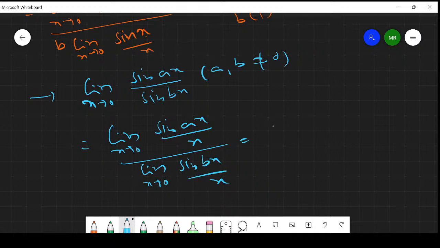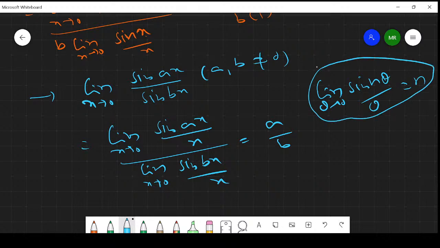I told you this will be a, and this will be b. Why? Because limit theta tends to 0 of sin n theta by theta is equal to n, as I told in the beginning. So I can write directly that this will be a by b.